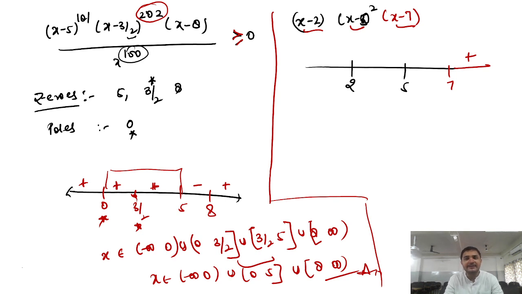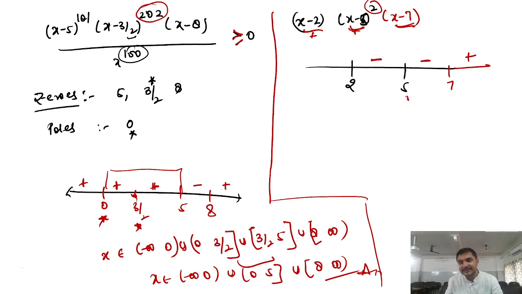Any value between 5 and 7, let's say 6: 6 minus 2 positive, 6 minus 5 positive, 6 minus 7 negative, so the product will become negative. Any value between 2 and 5, let's say 3: 3 minus 2 positive, 3 minus 5 negative, but the square is there, so it becomes positive again. 3 minus 7 negative, so positive times negative, again negative.